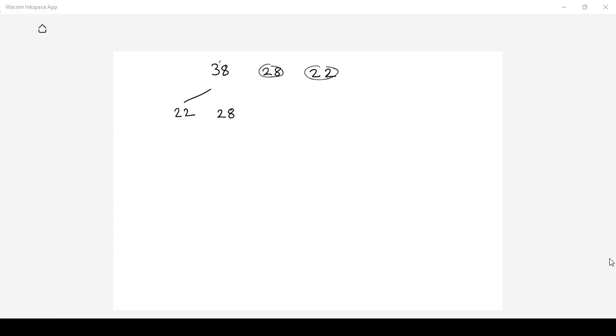So 22 plus 28 gives you 50, and this 28 already has two children, that is 13 and 15, and your 38 already has two children, 17 and 21, which further have the children 10, 11, and 17 had 8, 9.